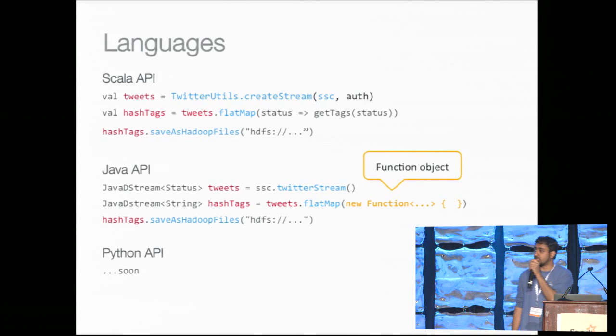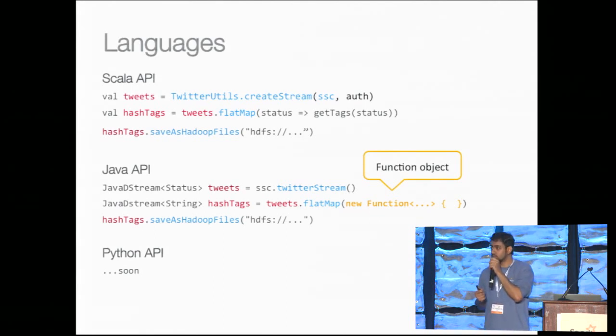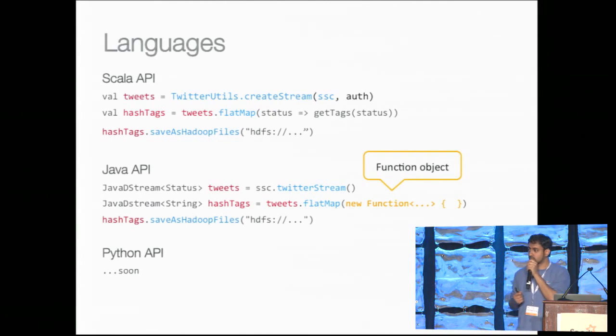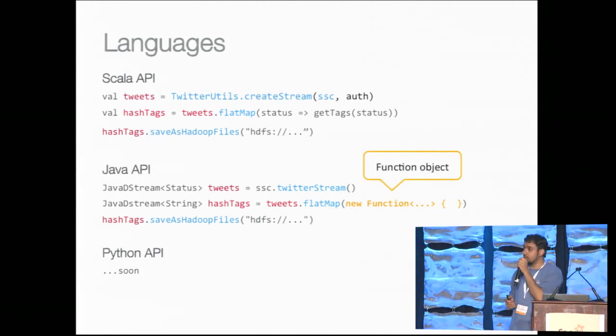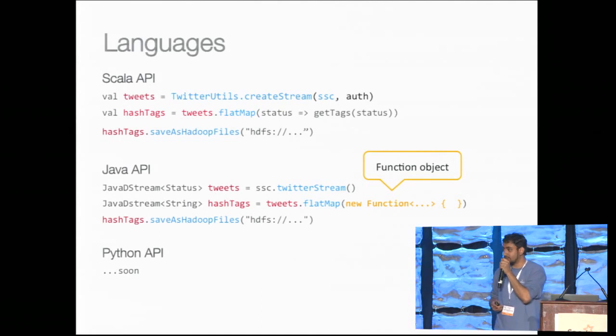Hashtags is essentially the DStream that contains all the hashtags that are being received, right? So each batch of hashtags is going to be saved as a different file.